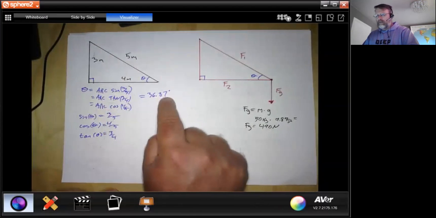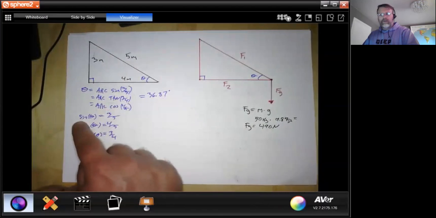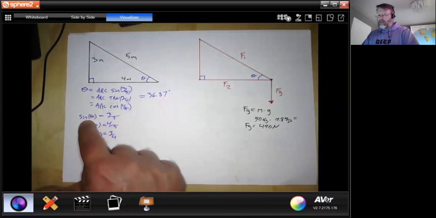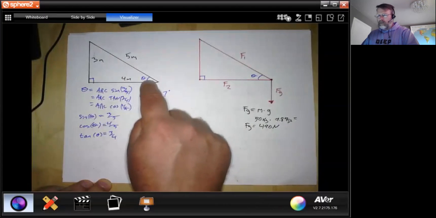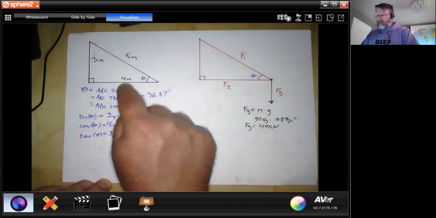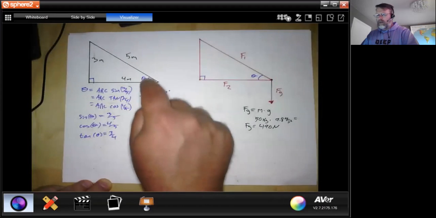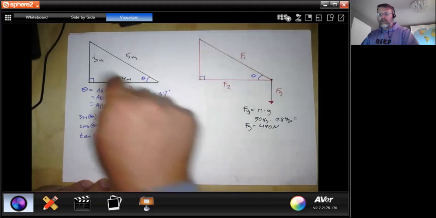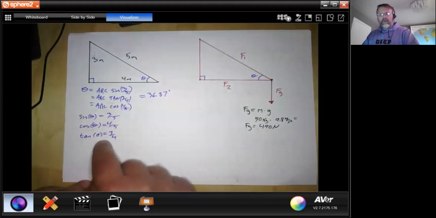We could also just skip knowing what this angle is and just know that sine is opposite over hypotenuse, cosine is adjacent over hypotenuse, and tangent is opposite over adjacent. So this is a clear repetition of SOHCAHTOA.